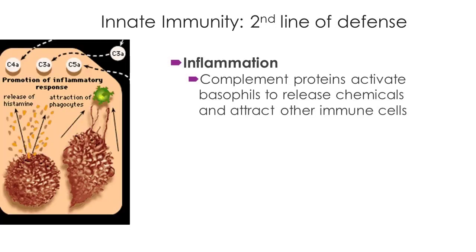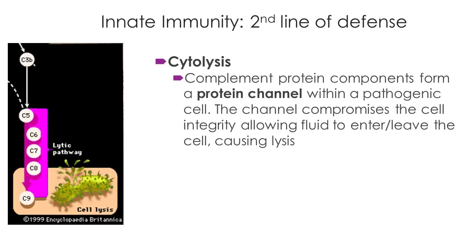Now we can see other fragments of other complement proteins are going to influence other immune cells, in this case basophils and mast cells. Once you activate the basophil or mast cell, it's going to degranulate. And what are the two big bioactive chemicals that are going to be released from a mast cell or a basophil? Histamine and heparin. That is going to lead to inflammation. And then lastly, we have a fragment that's going to activate these other sequence of complement proteins.